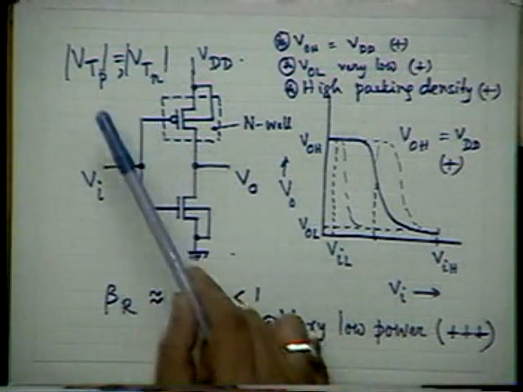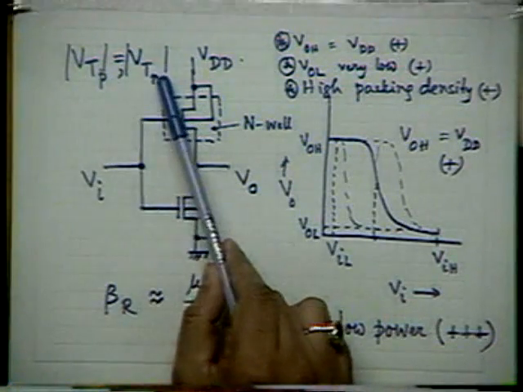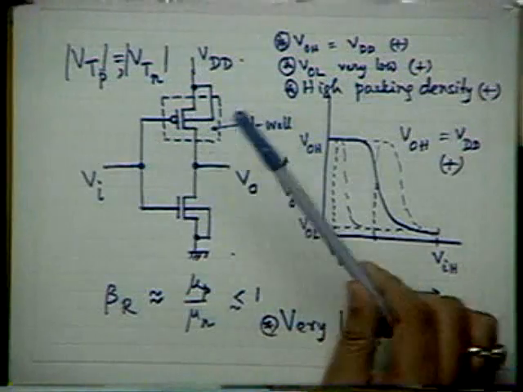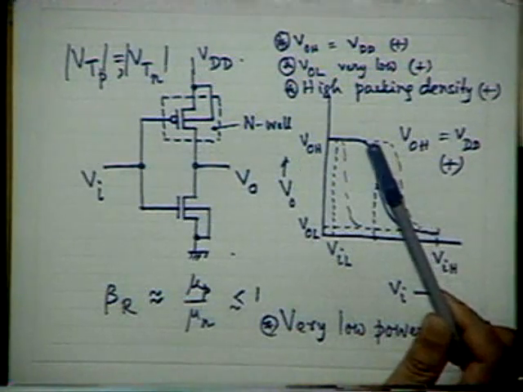That means we should try to maintain VTP equal to VTN magnitude-wise. But their sign, their polarity, should be opposite, because for PMOS, enhancement mode means the gate voltage should be negative, and for nMOS, enhancement mode means the gate voltage should be positive. So these things should be kept in mind. Okay? Thank you.